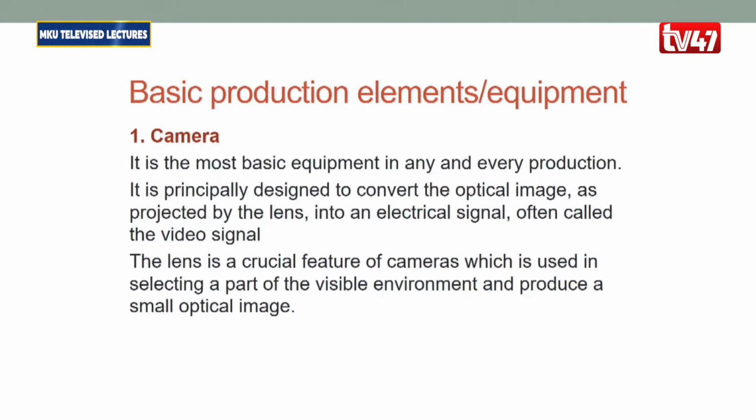The lens is a crucial feature of cameras, which is used in selecting a part of the visible environment and producing a small optical image. So the camera is one of the very basic production equipment that you're going to use in capturing the video, in capturing the images that you're going to use in your project.